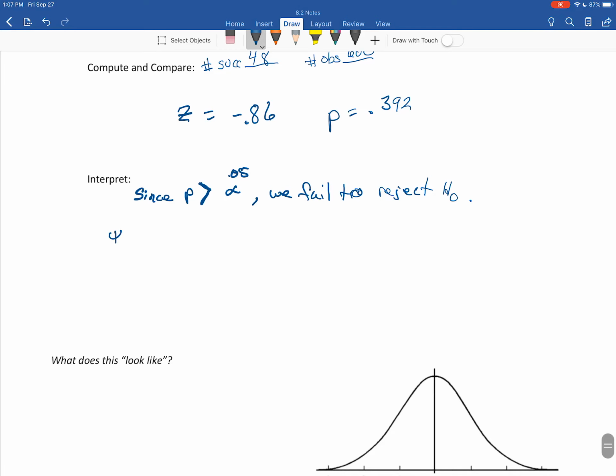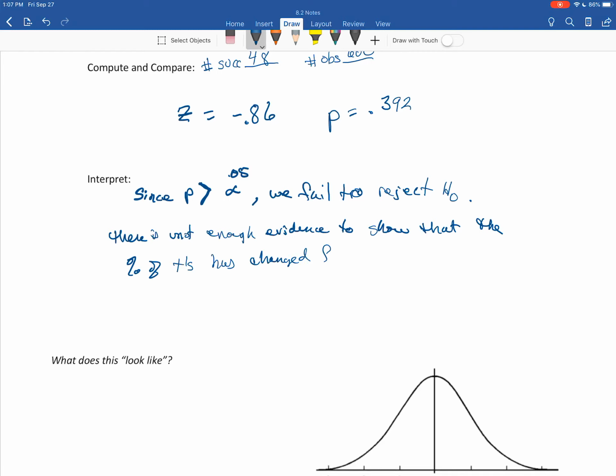So we would have to say something like, there is not enough evidence to show that the percentage of T's has changed from 9%.